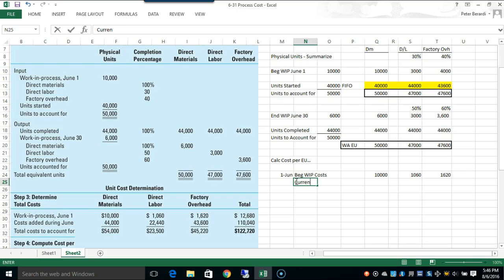Current production or costs added during June.